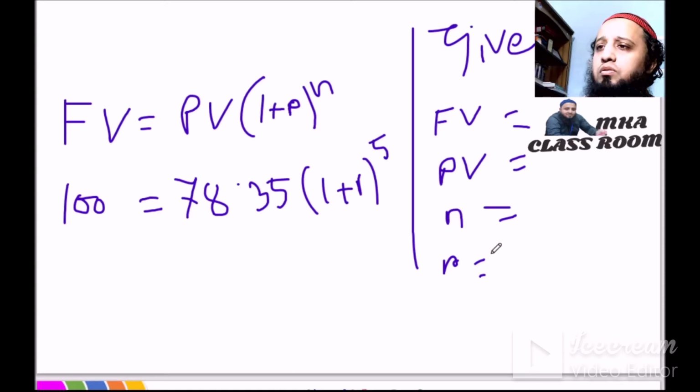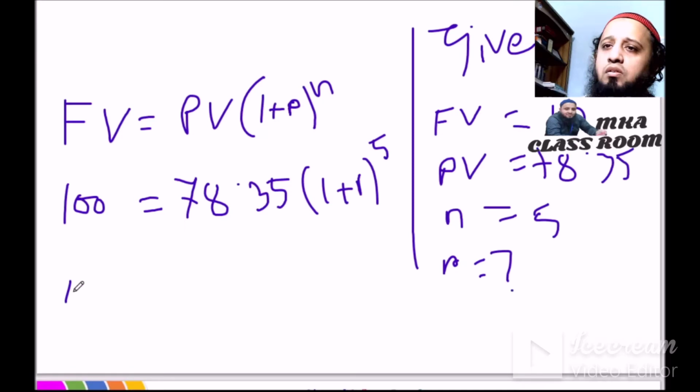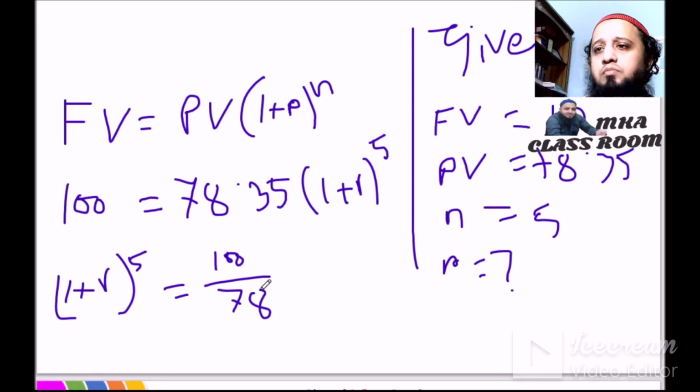So if we solve this problem, then we find 1 plus r power 5 equal to 100 divided by 78.35.